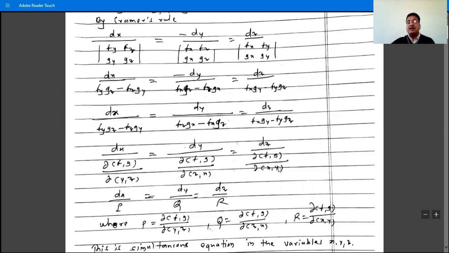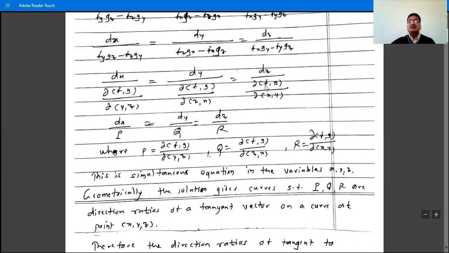What is ∂(f,g)/∂(x,y)? It is the determinant with ∂f/∂x, ∂f/∂y, ∂g/∂x, ∂g/∂y, and therefore we have this value. This is the Jacobian ∂(f,g)/∂(x,y).